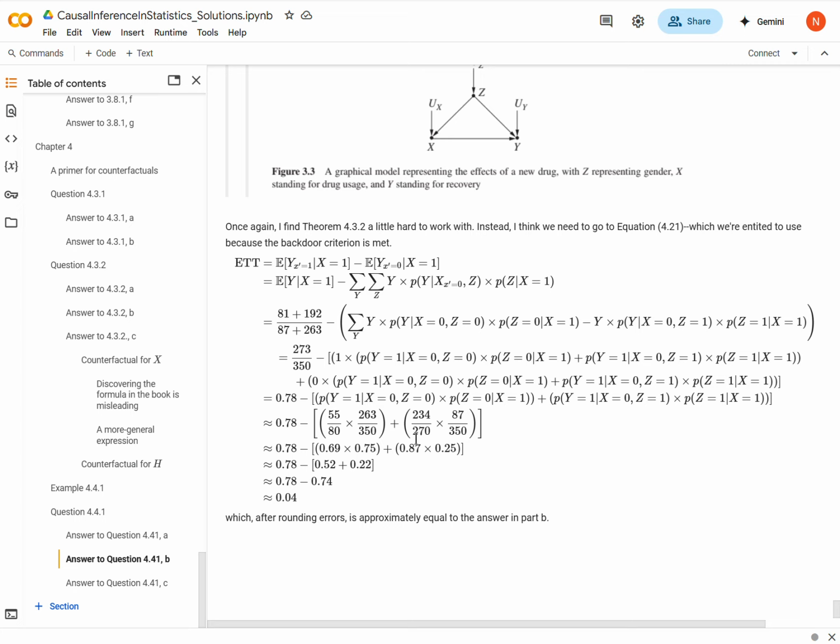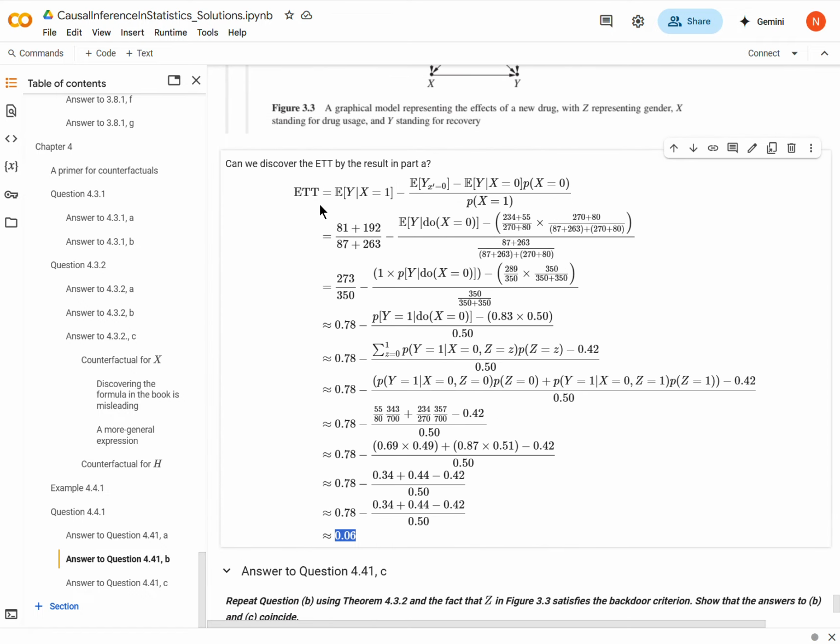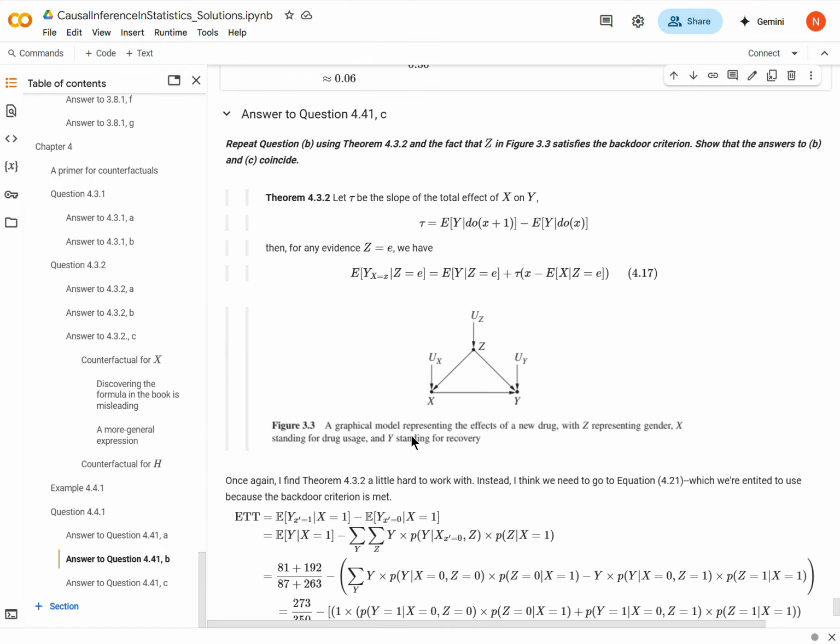So, anyway, just to recap what we did in these last two parts, we found the expected value of treatment in the treated, or the effective treatment in the treated, in two different ways.